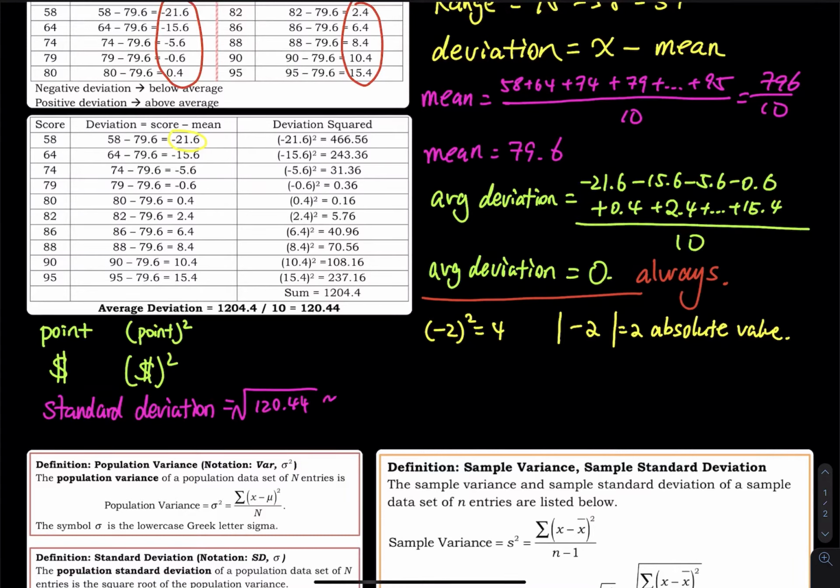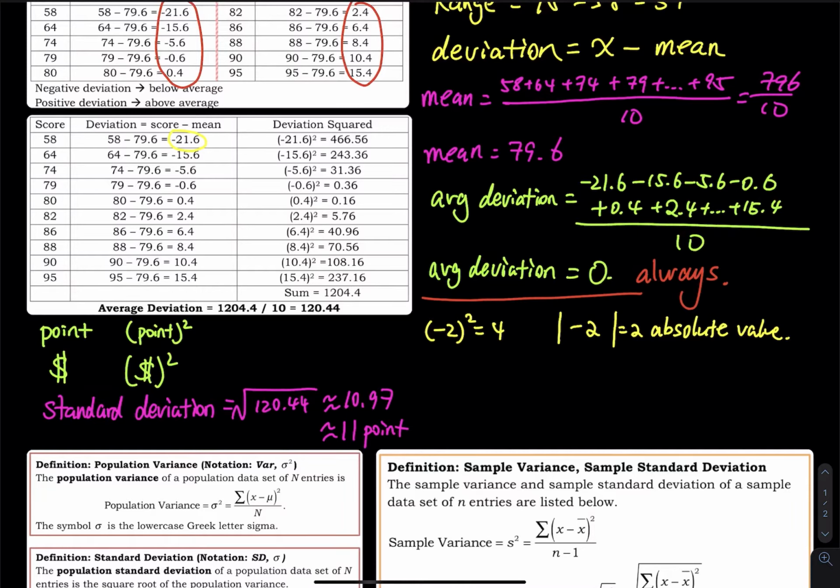We round this up to 10.97, or we are going to round this up to 11 points for simplicity, because I will be using the 11. Since we take the square root of that, the point square is off instantly. So now the unit is 11 points.